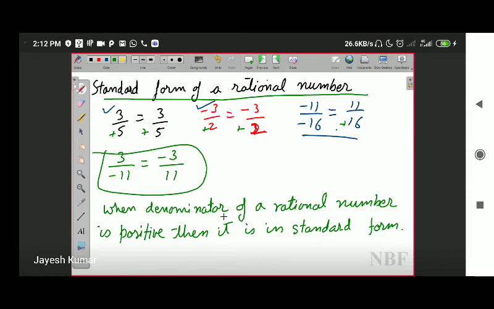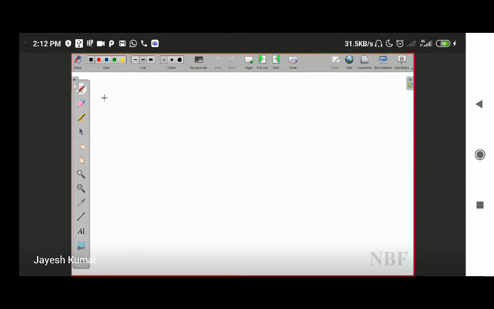What we have learned till now is the definition of rational numbers. Apart from that, we have learned about equivalent rational numbers and standard form of a rational number. Next, we are going to discuss algebra of rational numbers.